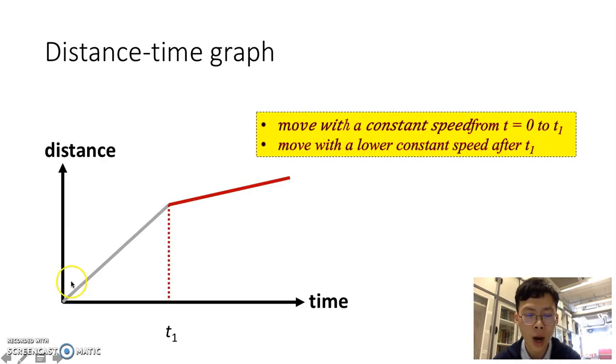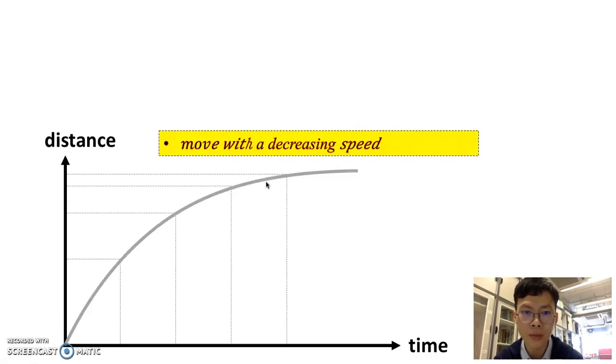And then for this graph, you can see that at first we get a constant speed from t equal to 0 to t equal to t1. And after that, it moves with a lower constant speed after t1. So you can see the slope has decreased, or we can say the speed after t1 is smaller because the distance over time is smaller after t1.